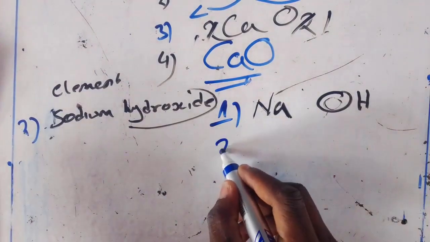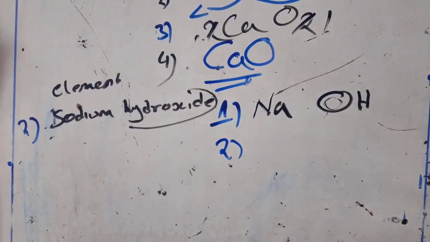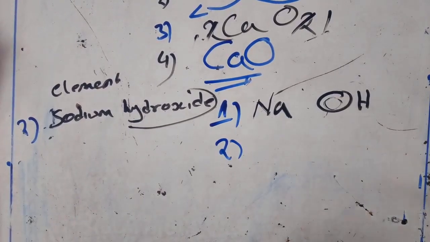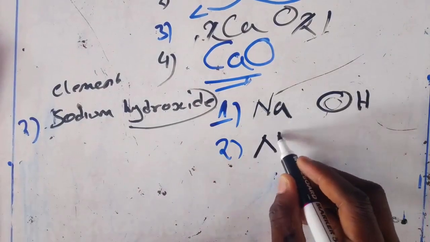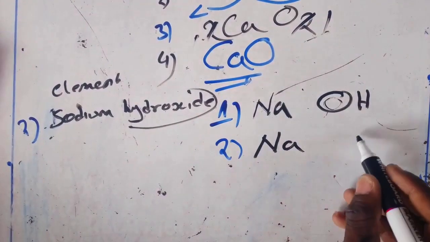On step 2 we said you write the valences of the combining elements on their right top or left top. So here we're going to write like this. We're going to have sodium, okay, like this, and here like this.